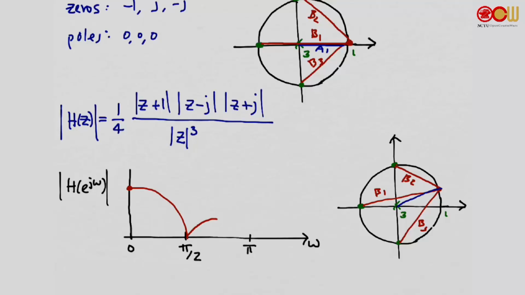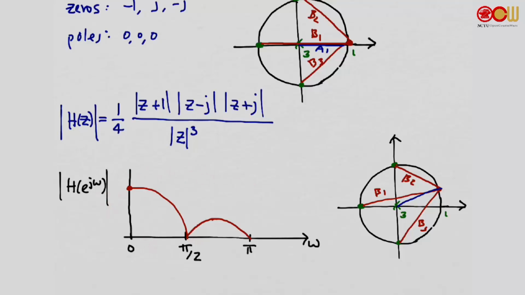And as we move towards the next zero, the value will go to 0 again, at pi. And this is the magnitude response of the rectangular window that we talked about earlier.